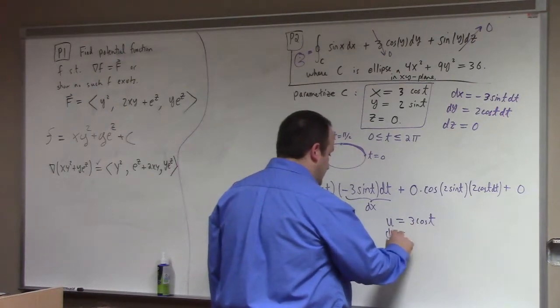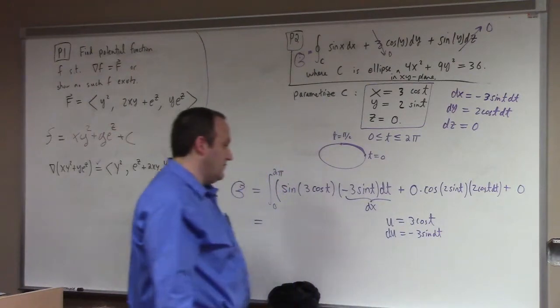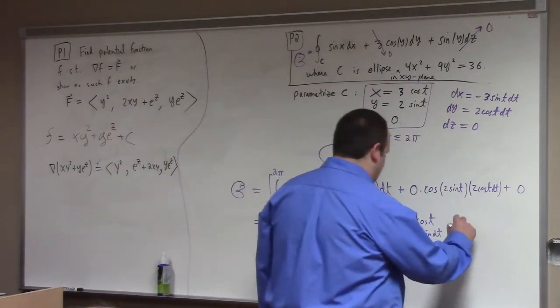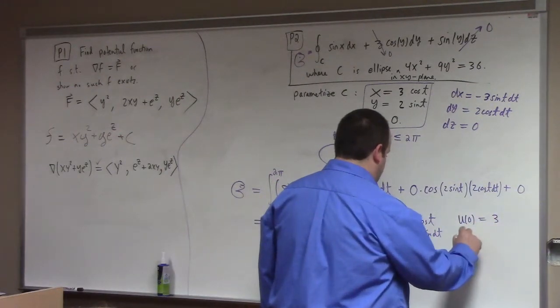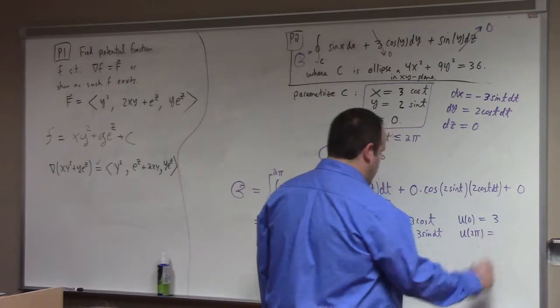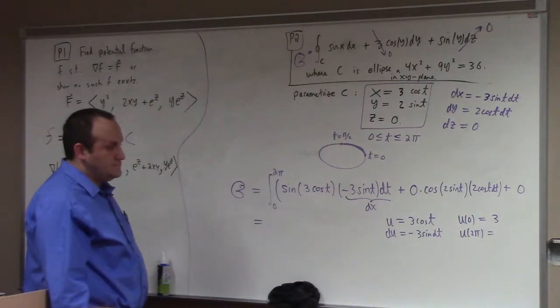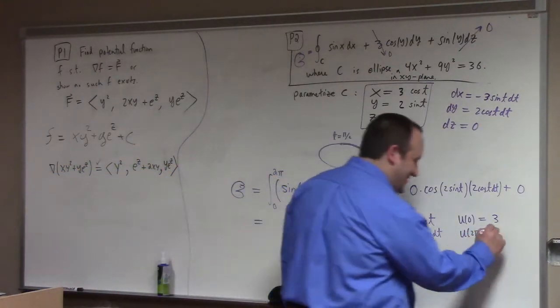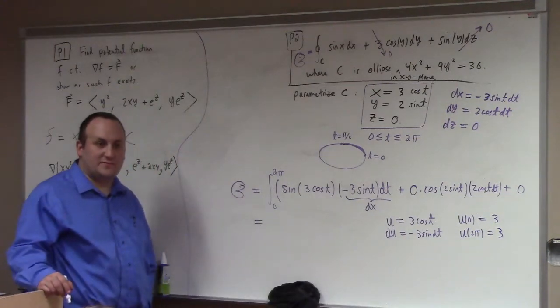So du is minus 3 sine t dt. Oh, that's kind of funny. So what's u of 0? It's 3. What's u of 2 pi? 3, because 3 times cosine of 2 pi is still 3.